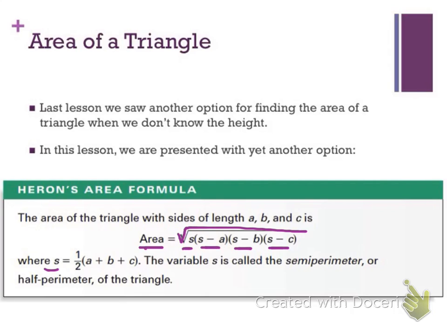And the S comes from taking 1/2 times the sum of the sides, or something called the semi-perimeter. So half of the perimeter is where we get S. And then to find area, we take S times the difference of S with side A, times the difference of S with side B, times the difference of S with side C. Take the square root of that whole thing, we get the area of a triangle.